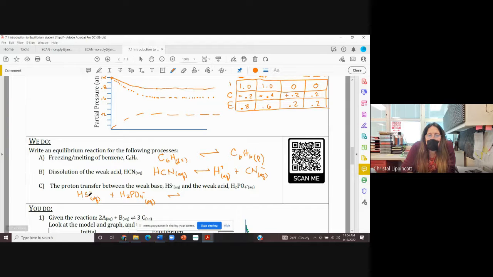First one? H2PO4. Why do you say that? Because it has 2 hydrogens. No, that's irrelevant. It was identified as the weak acid. So if it's identified as the weak acid, that means that that's the one that's going to lose the proton or the hydrogen. So this is going to gain that.